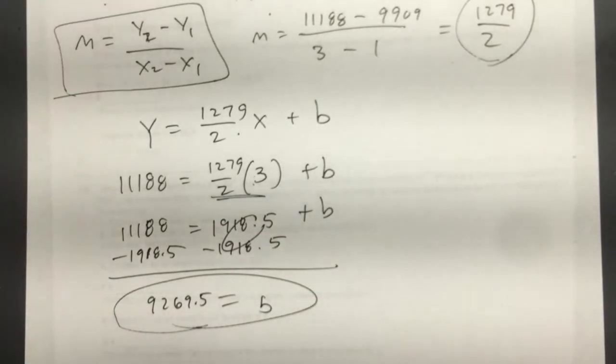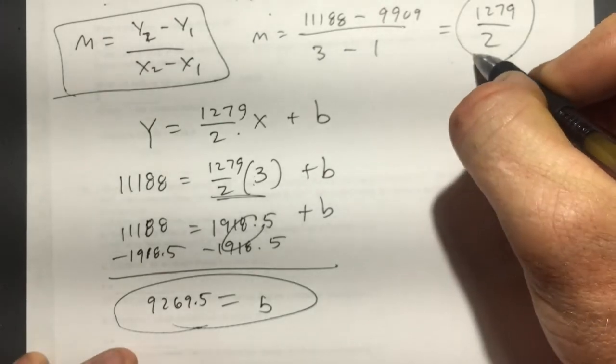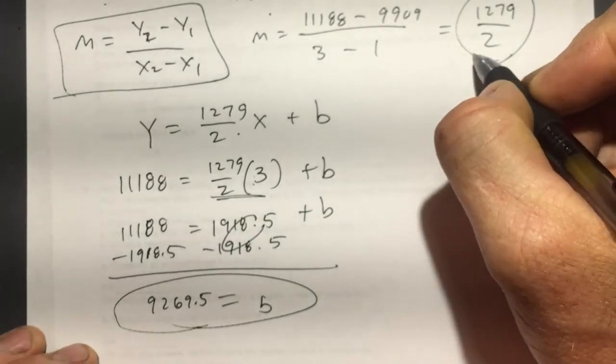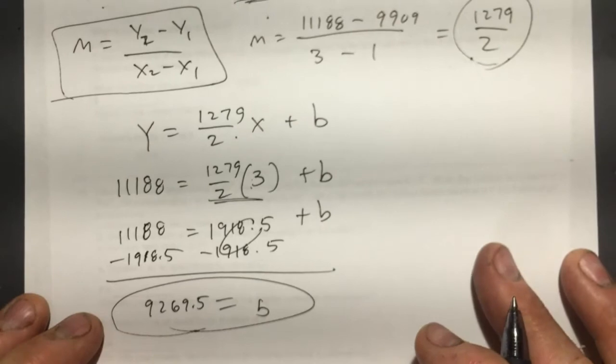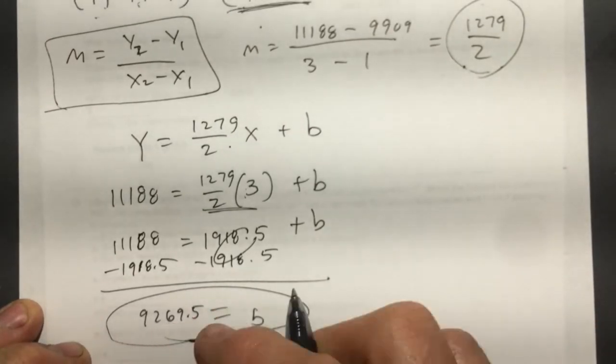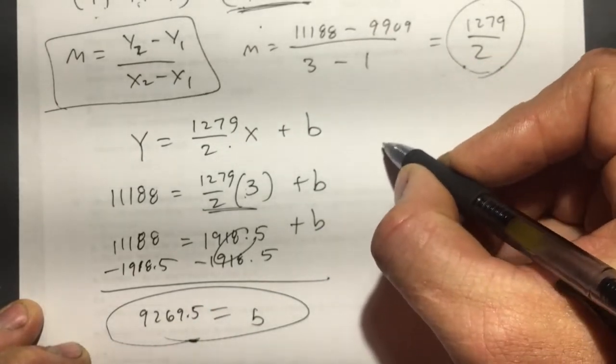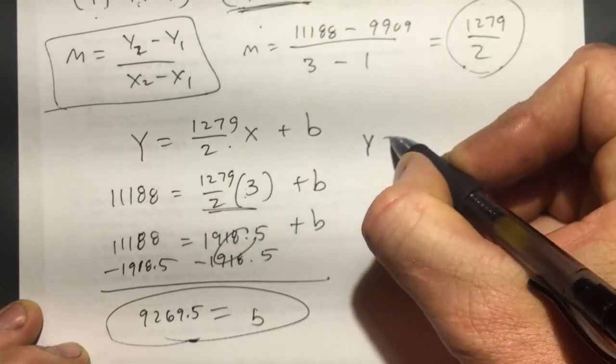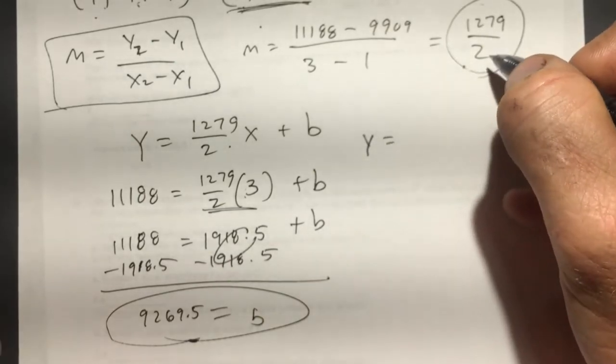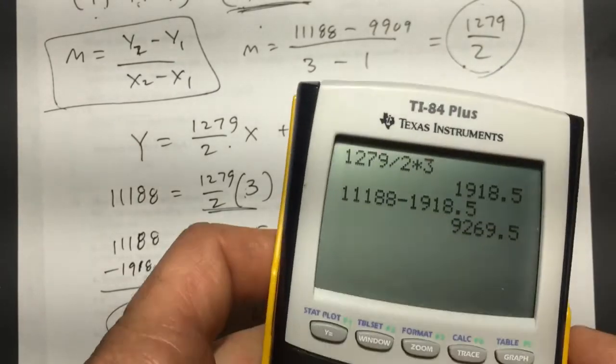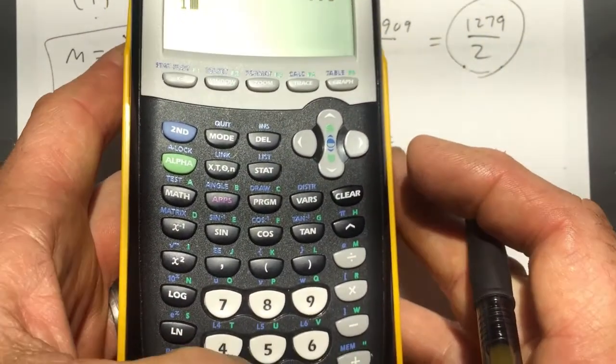Okay, now, so there's my slope up here, there's my y-intercept. So that means my equation is going to be y equals this number here. Now, I think it's going to want us to divide that. I think on this one here it tells us.